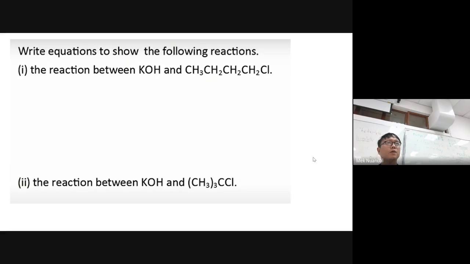Yeah, you should be able to identify which is primary, secondary, and tertiary, even when there's still a halogenoalkane. So on number 1, look at where the Cl is put on that molecule, which position it's on.